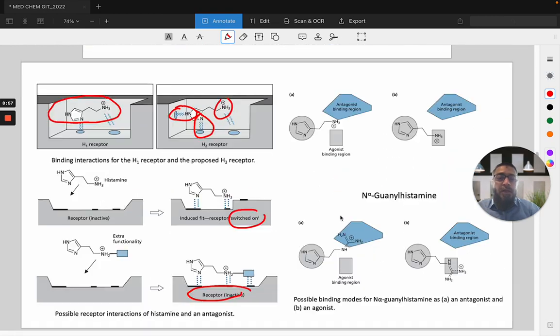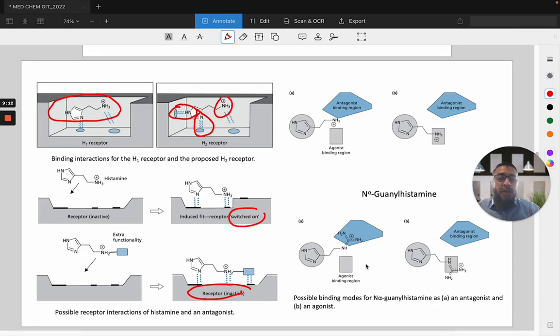So this is alpha guanylyl histamine. This imidazole ring is the histamine. They substituted the guanylyl group at the terminal nitrogen, and found that this molecule has antagonist activity, because it has the ability to bind with the extra pocket in the H2 histamine receptor.